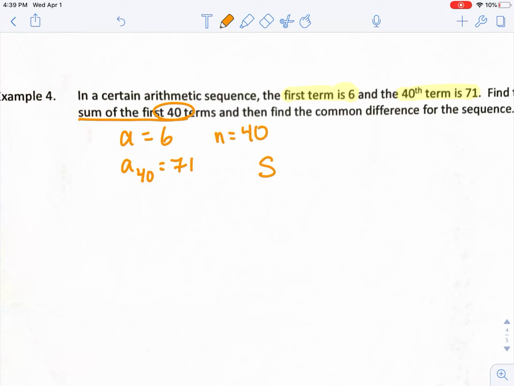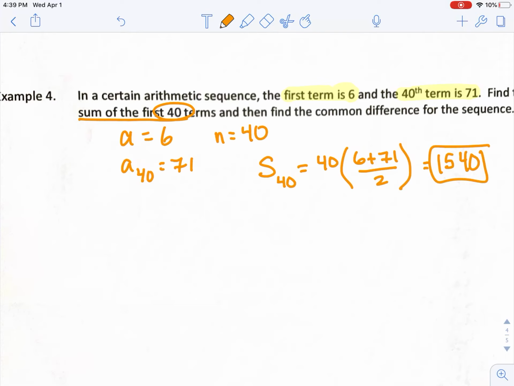So it wants S sub 40. And since I don't have d, but I do have A sub n, I have A sub 40, I'm going to use the second equation on this one. So I'll do 40 times 6 plus 71 over 2. And when you work that out in your calculator, you get 1540.